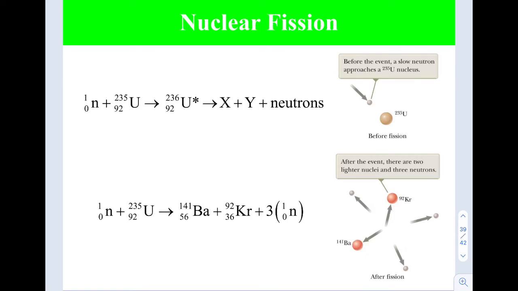A neutron bombarded to uranium-235 produces uranium in an excited state, and finally becomes X and Y plus other neutrons. For example, a neutron bombarded into uranium-235 produces barium plus krypton plus another 3 neutrons.